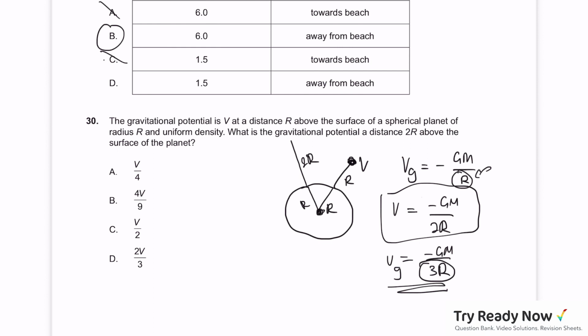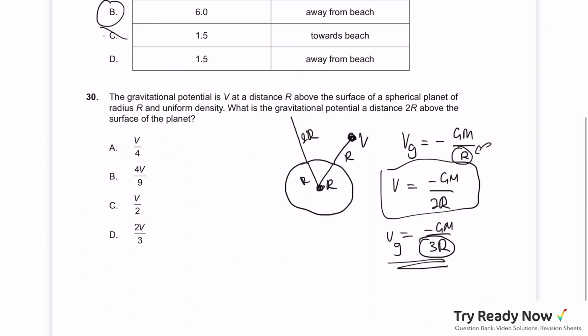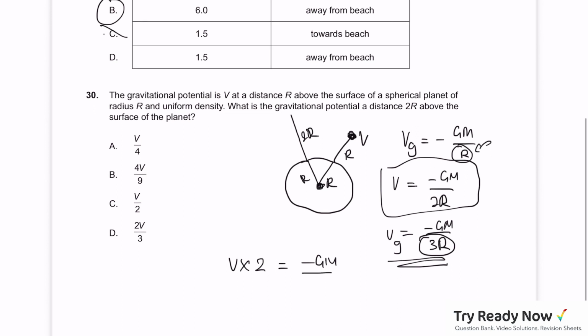So how do we manipulate the terms here? Well, what we can do is, as you can see, V times 2 would make it equal to minus GM over R. But we're looking for a 3R underneath here, which means we have to divide by 3.